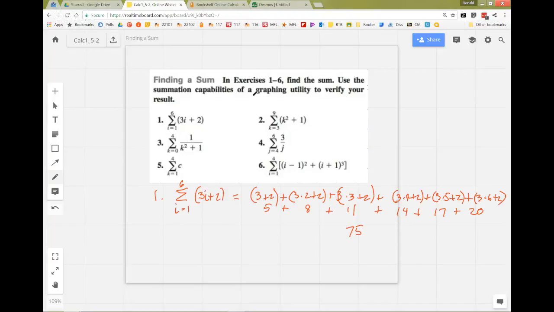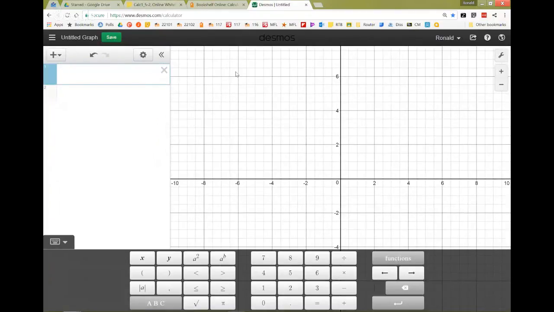Okay, so now I'm going to show you how to do that in Desmos. I'll tell you, Desmos never ceases to amaze me. All you have to do, if you want sigma, is type in the word sum, S-U-M. And right away, you see it changes to sigma notation. Now it's n instead of i, so we've got to adjust for that.